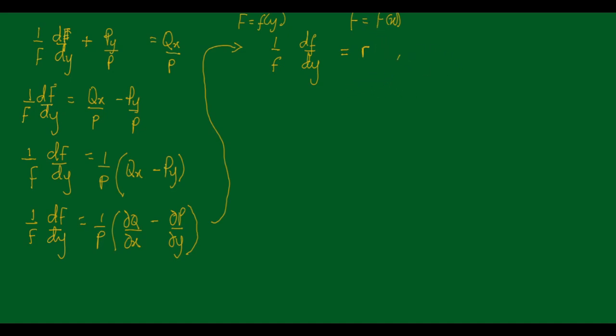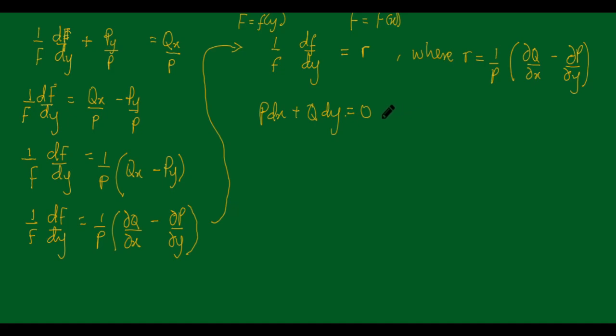So we have this where r is represented as 1 over p, the q dx minus the p dy. Now, just like we did in the first case study, our original equation is given as p dx plus q dy is equal to 0.